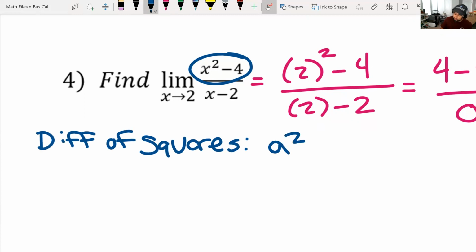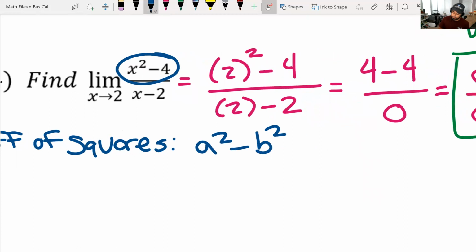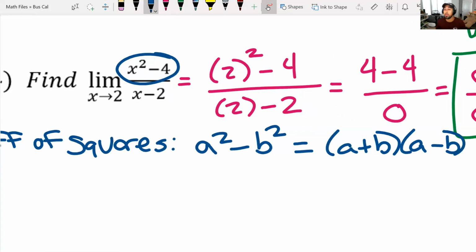Remember, if you ever came across a squared minus b squared, it would factor to a plus b, a minus b.